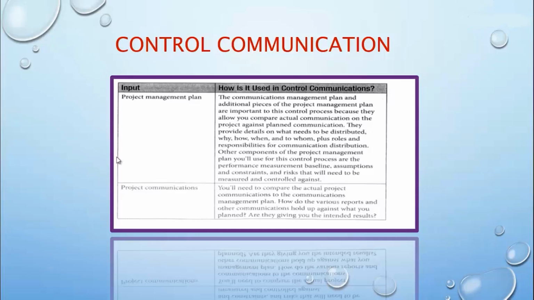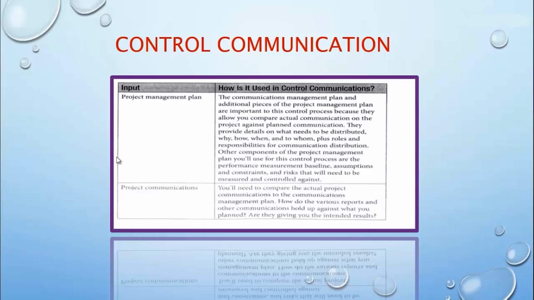What percentage of time does the project manager spend communicating? I think almost 90 to 92% is spent on communication. So we need to understand that most of the project manager's time is invested in communication.